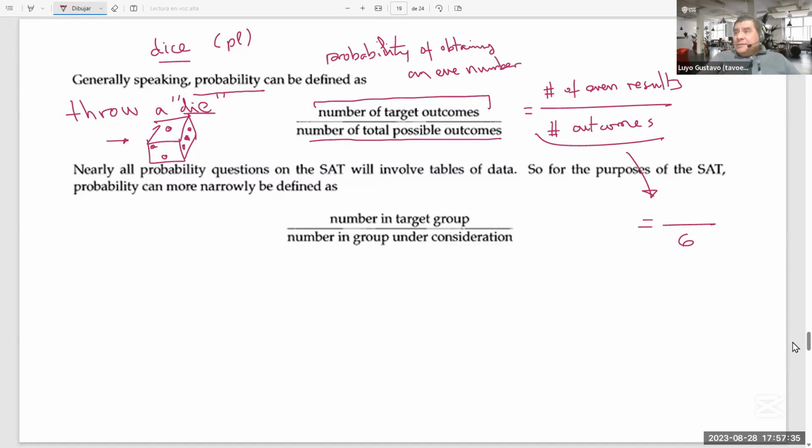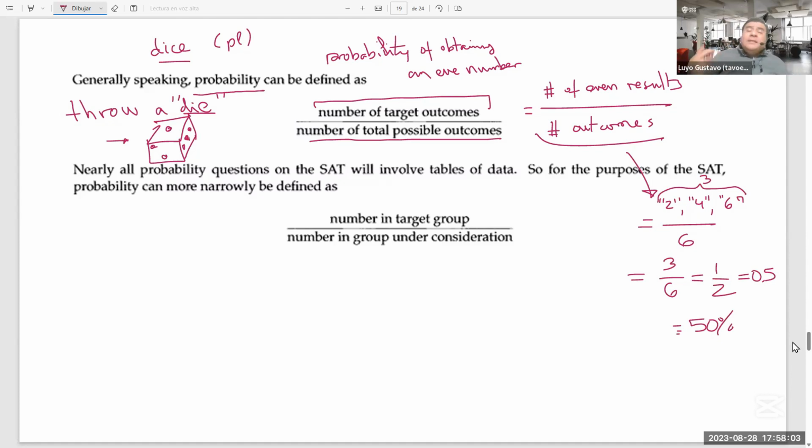You have 2, you have 4, or you have 6. These are the only even values. So how many of them? There are 3. So the probability would be 3/6 or 1/2, or if you want 0.5, or sometimes they can express it as a percent. So that's a probability in general.